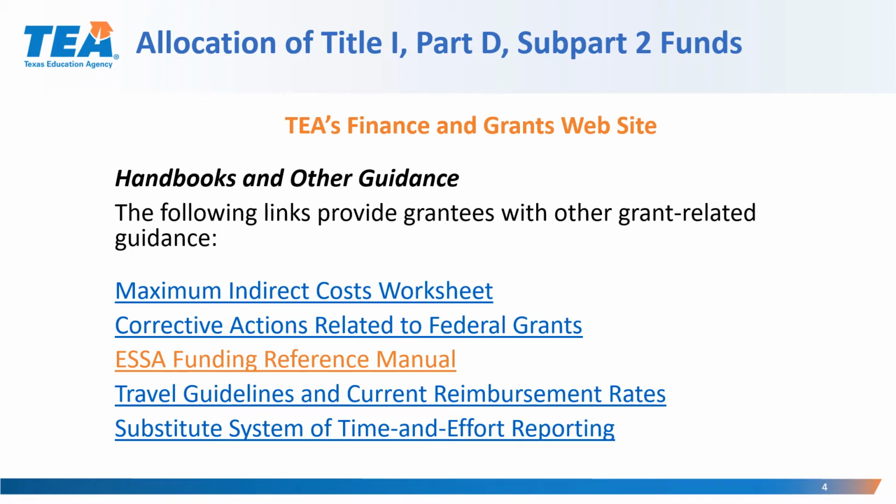Title I Part D Subpart 2 funds are allocated to district and charter LEAs serving neglected and delinquent populations. Each calendar year, district and charter LEAs report counts of students being served at residential facilities for neglected and delinquent children through the eGrants SC 9000, October caseload counts of neglected and delinquent residential facilities data collection.